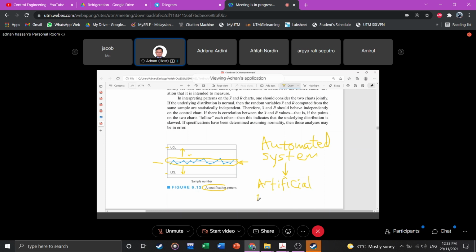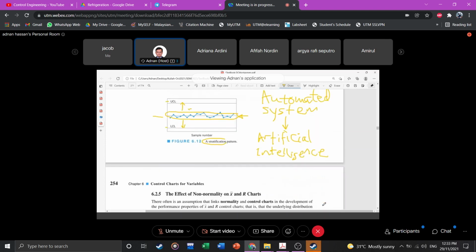Maybe industrial or mechanical engineering students may not be so familiar with this. We borrow the techniques from computer science, using artificial intelligence for pattern recognition.